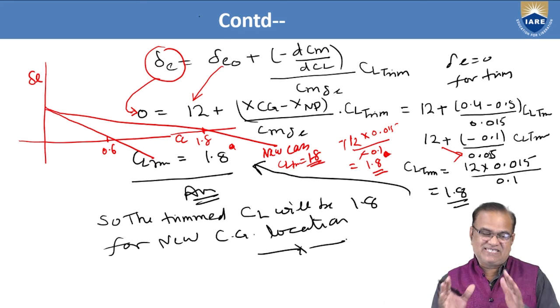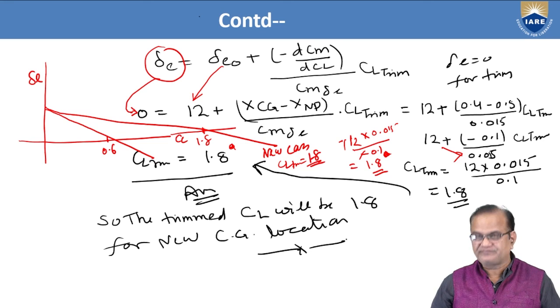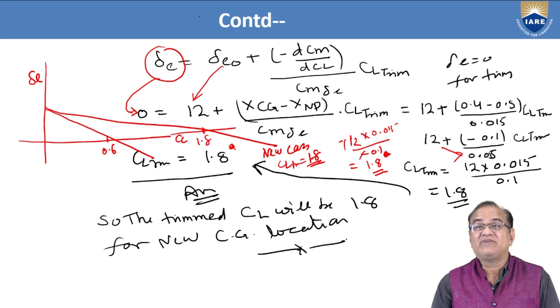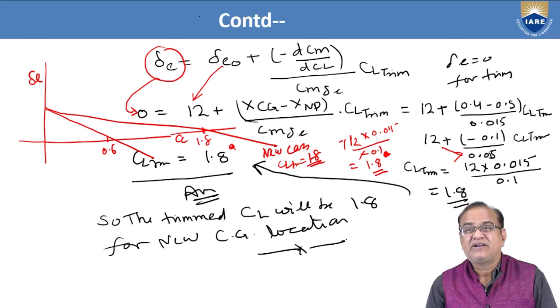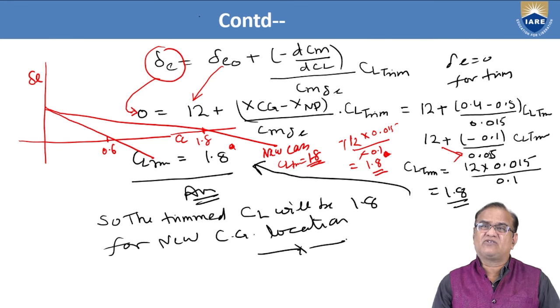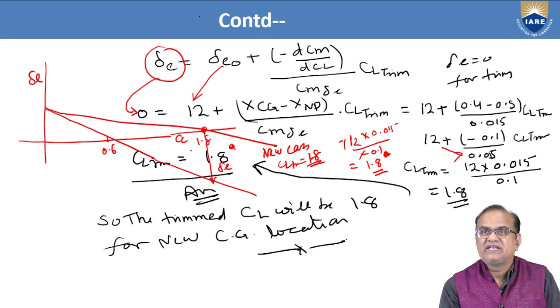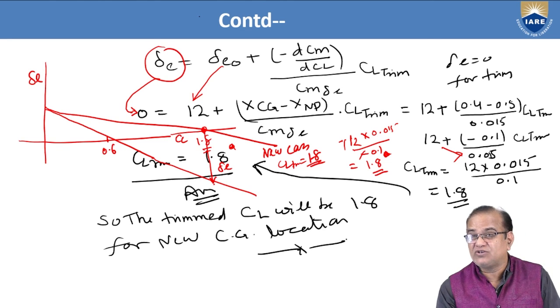So if the CG is coming near the neutral point, then CL trim will be higher for the trim condition. Means if the delta E is equal to 0, then we have to do the same. And another thing, if you see here, if you extend this line, for this CL case, how much delta E is required? So this is the delta E. Means this much delta E is required and this is the negative delta E. So you have to deflect down.